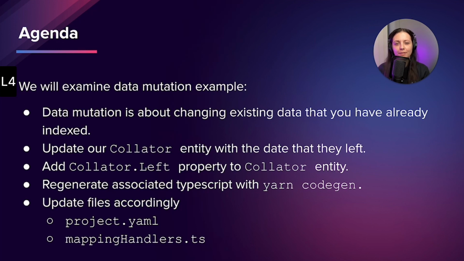This is something that we did last time, and we will add the date the Collator.Left. So we will add the Collator.Left property to the collator entity in schema GraphQL. We will need to regenerate the associated TypeScript with Yarn codegen, and we will need to update all the files accordingly, so project.yaml and also the mapping handlers.